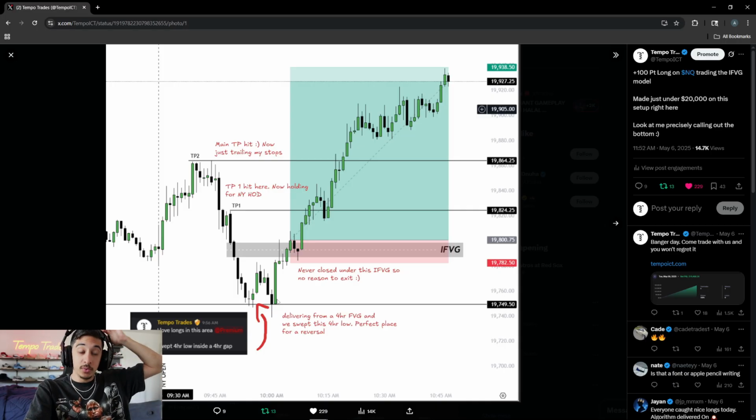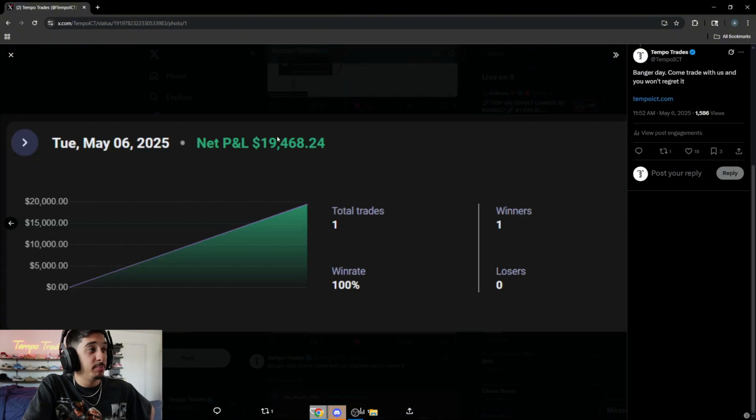So all we're doing is we're waiting for the 4-hour low to sweep. We're waiting for price to reverse. We identify an inverted fair value gap, and we enter long once that fair value gap hits. And you can see how price just reverses from a sell model on my left to now a buy model on the right. And we caught 140 points, it looks like, right here. And this probably was my biggest trade of the month.